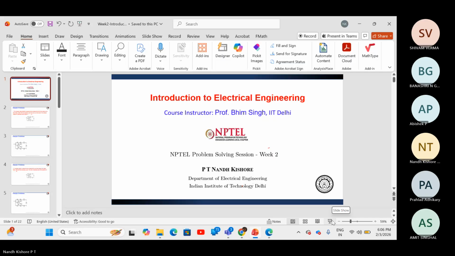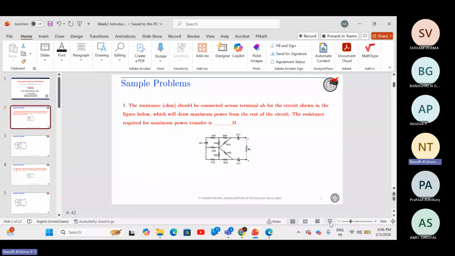So as usual, we'll be solving a few problems. Before we jump into that, we will just complete the problem that we were seeing in the last class, that is this particular problem.